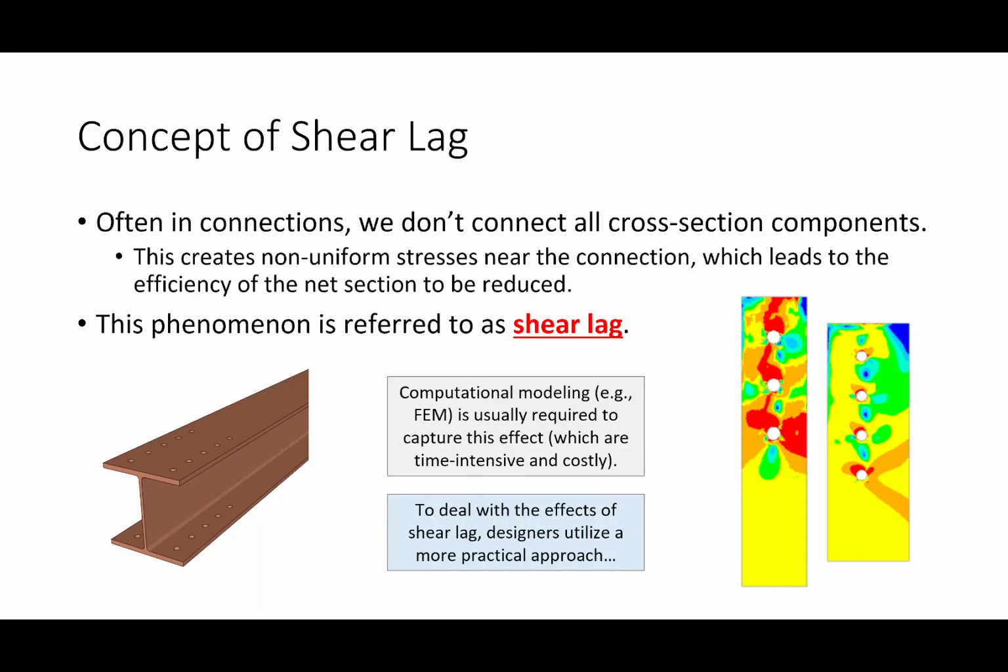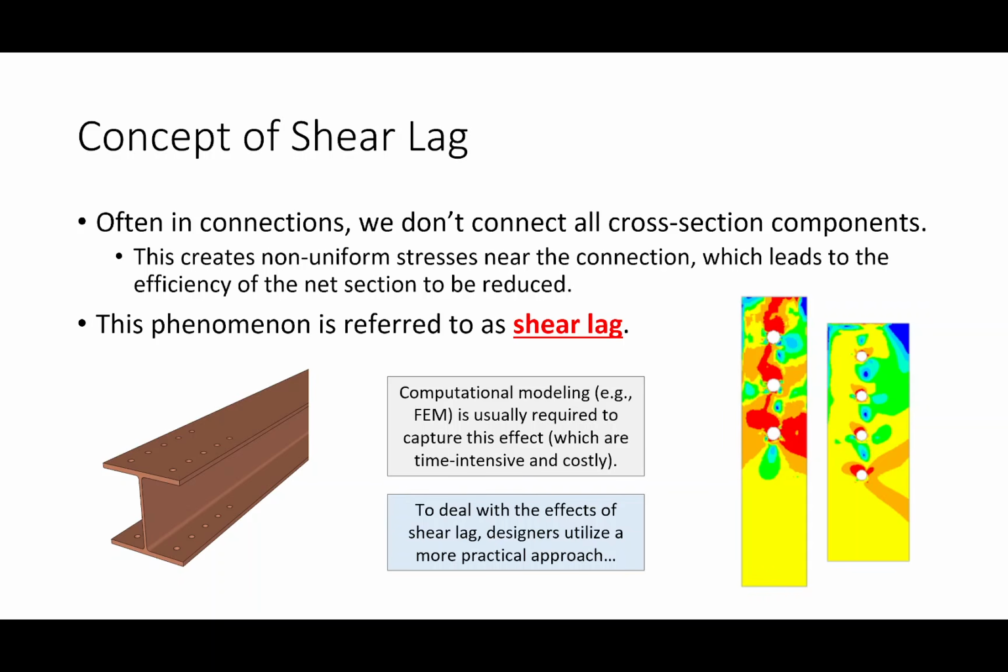We talked about this last time: if you were to investigate the stresses around a connection, what you'd find is that away from the connection, the stresses are pretty uniform. But right there at the connection, the stresses are kind of wonky. They're discontinuous and non-uniform, and unfortunately, if we're looking at fracture in the net section, we can't ignore that.